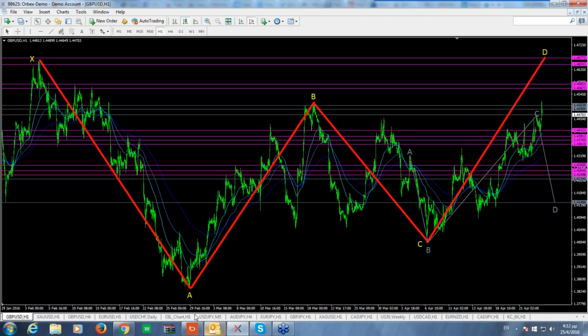You'll see XABCD, labeled using these red lines or red legs. They are called the bearish W-like pattern. But I've got something here in gray as well, like a little Z-like pattern going on. We will talk about it in detail.